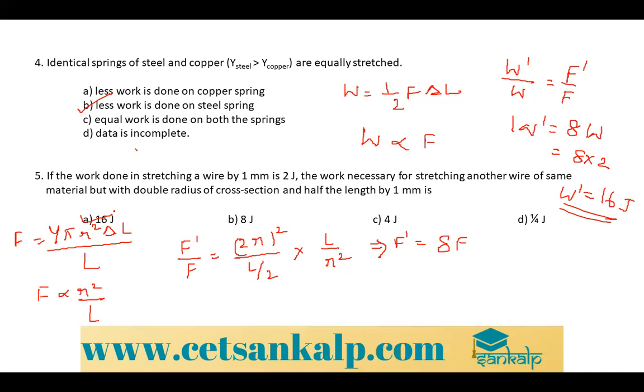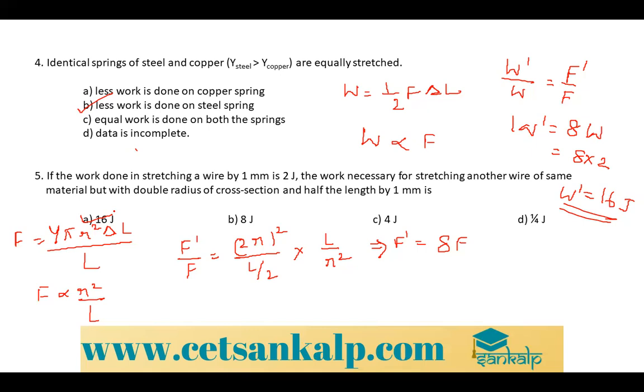So finally I can write F is directly proportional to R square divided by L. I'm going to take the ratio F dash by F. F dash has 2 times the radius and the length is half, the whole divided by R square by L. Instead of writing that, I've just multiplied directly.